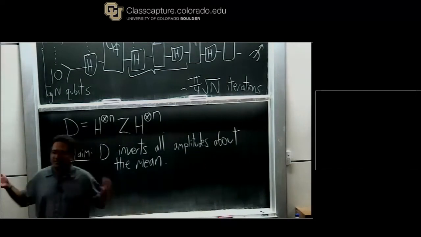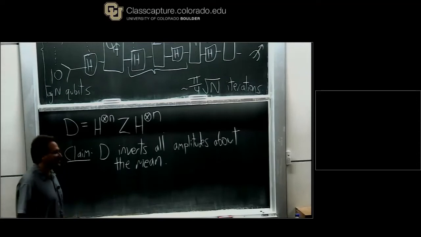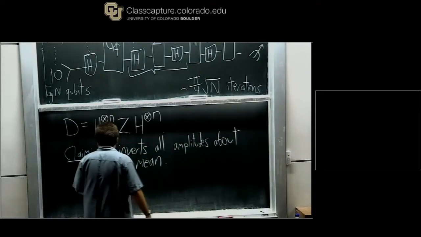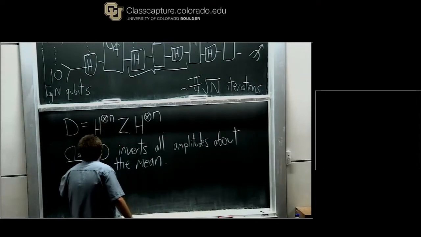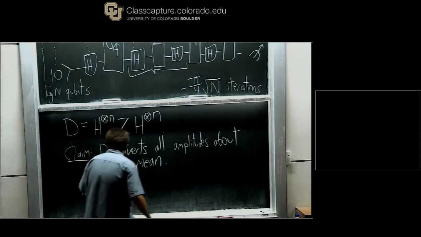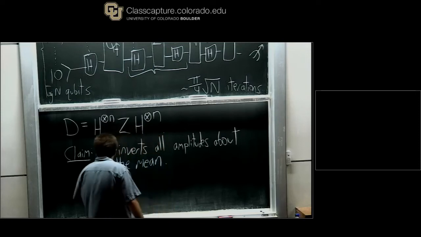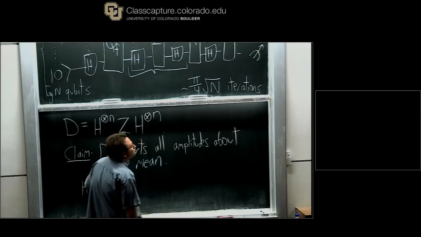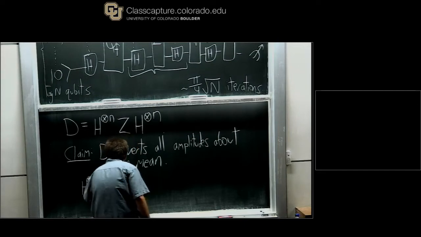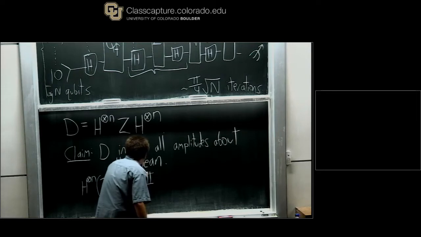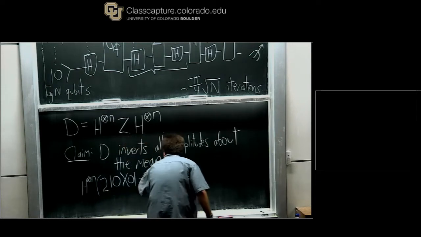Well, I could just give that as another exercise. Or we could just say, look, this Z, what is it? It's just twice |0...0><0...0| minus the identity operator.